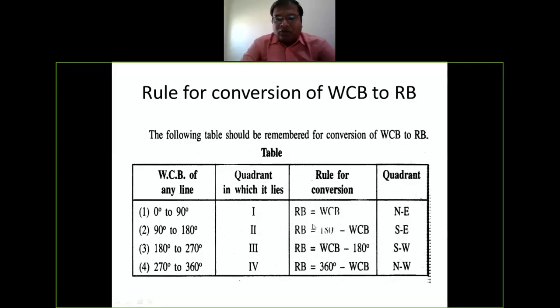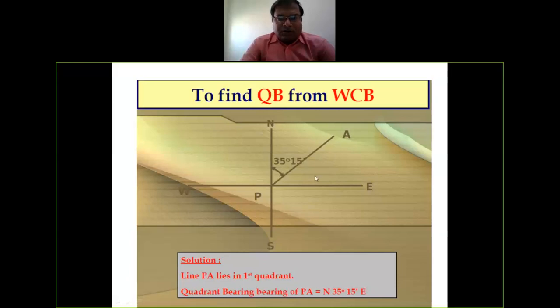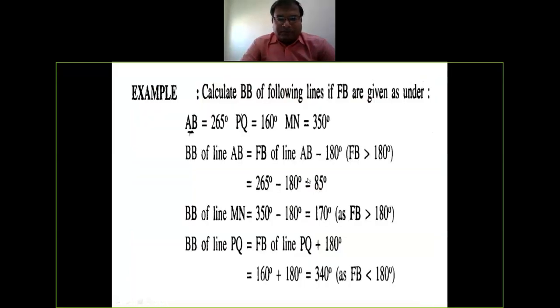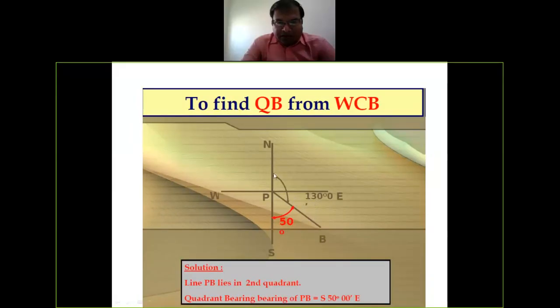Okay, so come to our figure. Here you can see 180 minus WCB. From here to here the value is 180, you can see north to south. And this angle from here to here is 130, you can see my cursor.